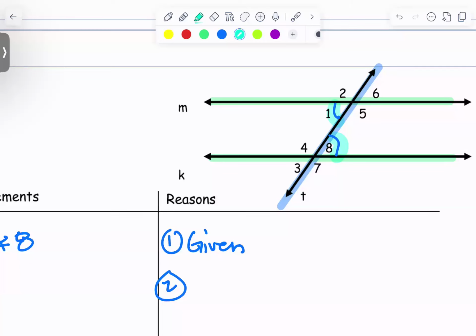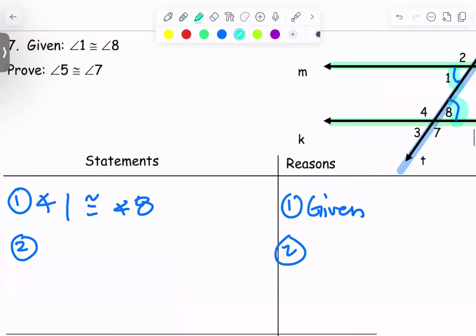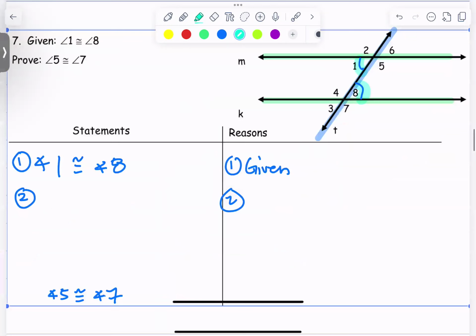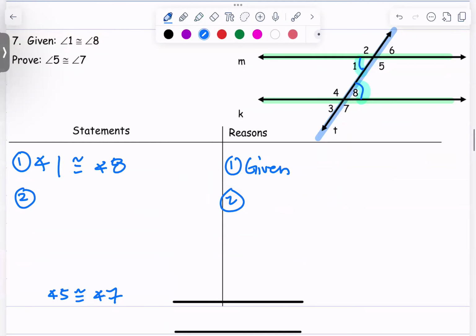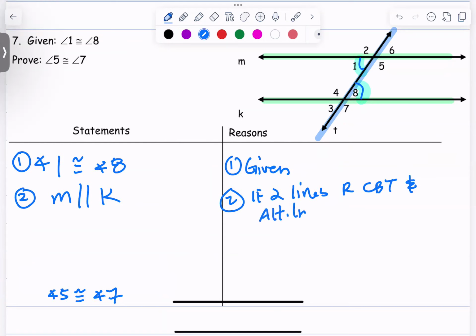So we basically prove that line M is parallel to line K because if two lines are cut by a transversal and alternate interior angles are congruent, then the lines are parallel, right?